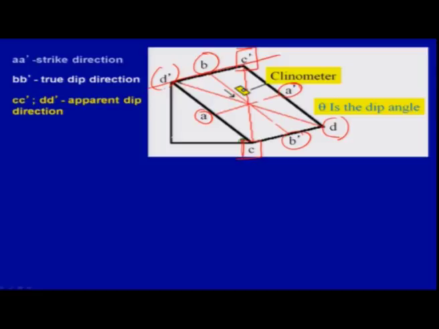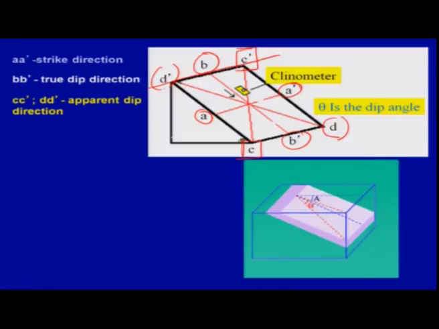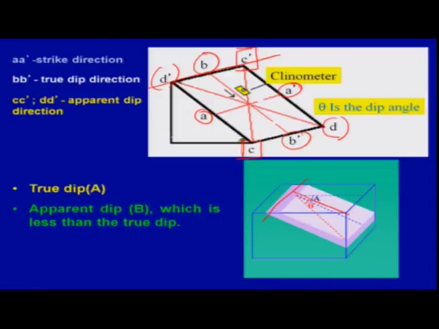These are all apparent dips. Another example is shown here. You have the inclined beds, this is your strike, and if you measure the amount of dip along this A, then you are measuring the true dip. But if you measure along this angle, the B, then you are measuring the apparent dip.